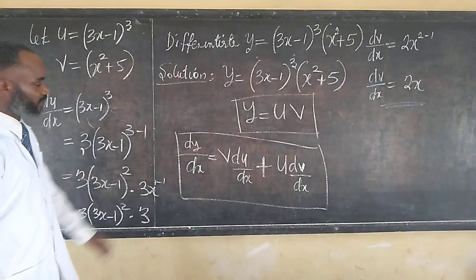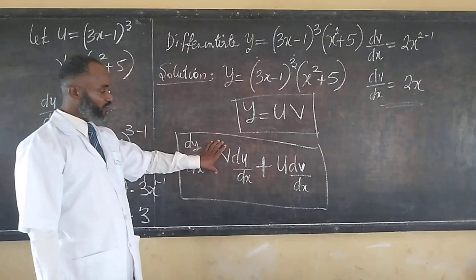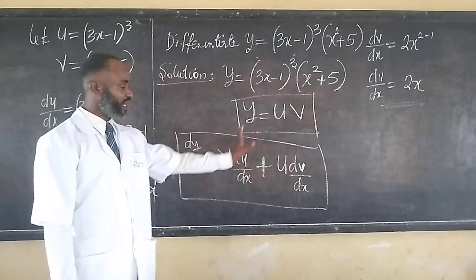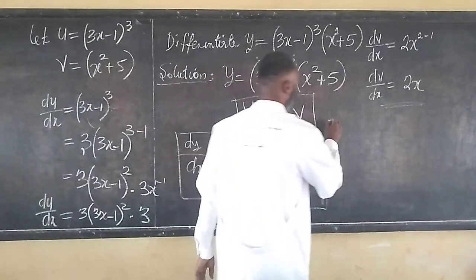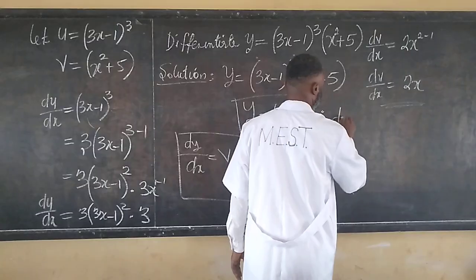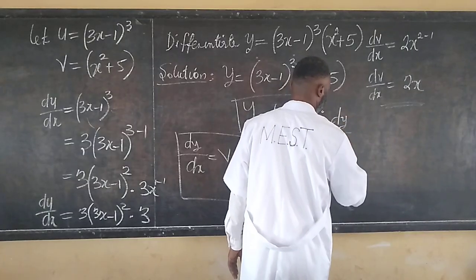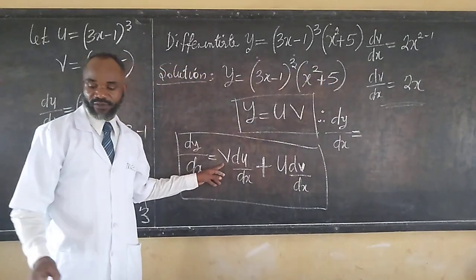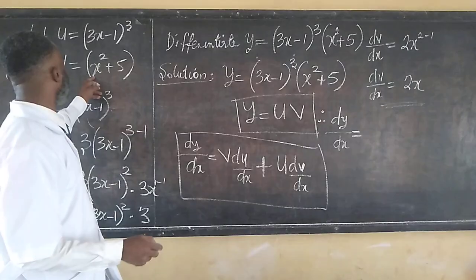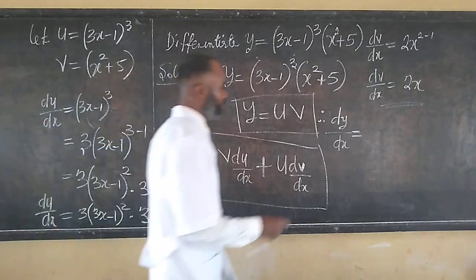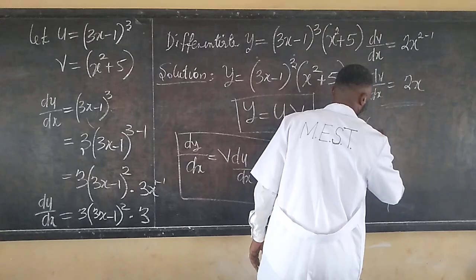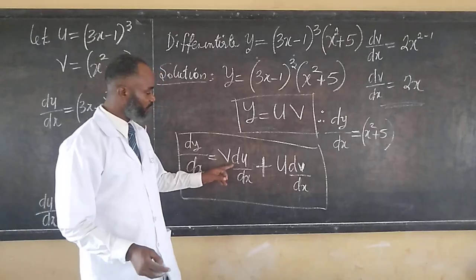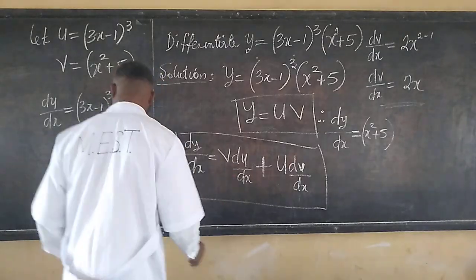We remind ourselves of the formula to be used. Wherever we see v, we substitute with its value and the same thing across. So let's go. Therefore, dy/dx, let's take it one after the other. The value for v is x squared plus 5. So in bracket we have x squared plus 5. The value for du/dx is all this.